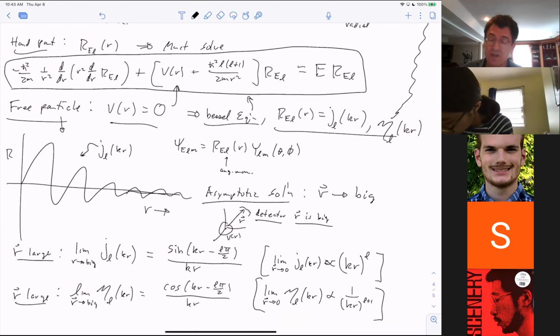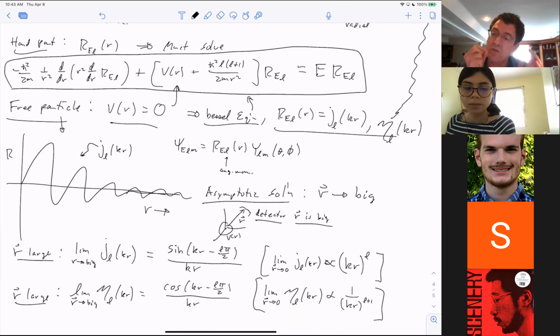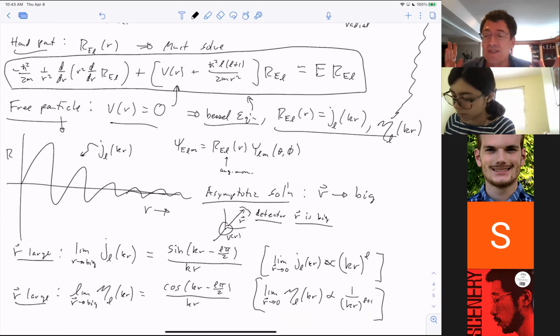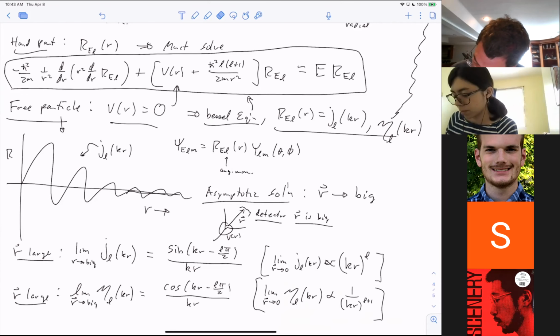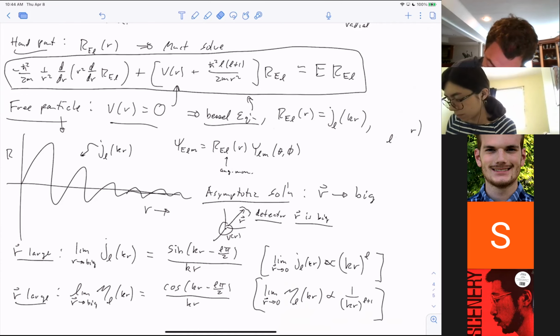And so if your solution does not include the origin, then you have to worry about the Neumann function. But if you're talking about a region of space that includes the origin, then you cannot use the Neumann function, because it diverges and so it does not solve the boundary conditions. The boundary condition is that you should not diverge. So for the free particle, we ignore the Neumann function.